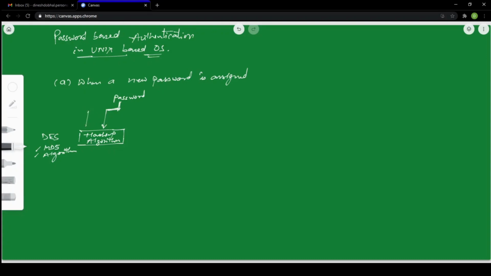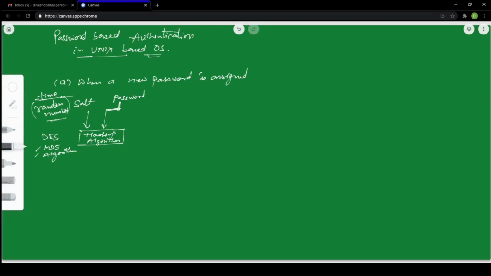Along with this password, a salt value is also given to this algorithm. This salt value in modern systems could be a pseudo random number, any random number. In the previous Unix operating systems, the salt value could be the time at which this password is being created.